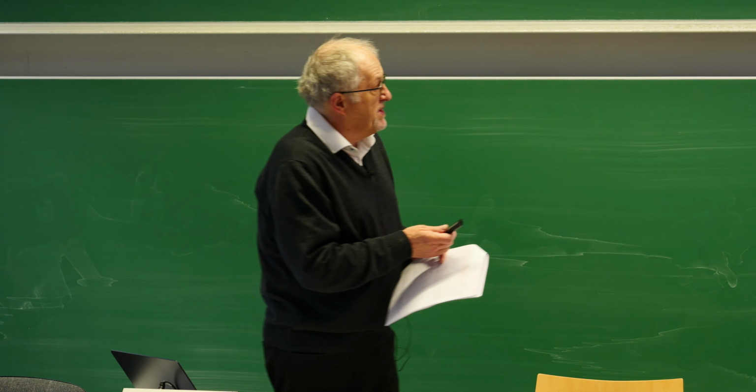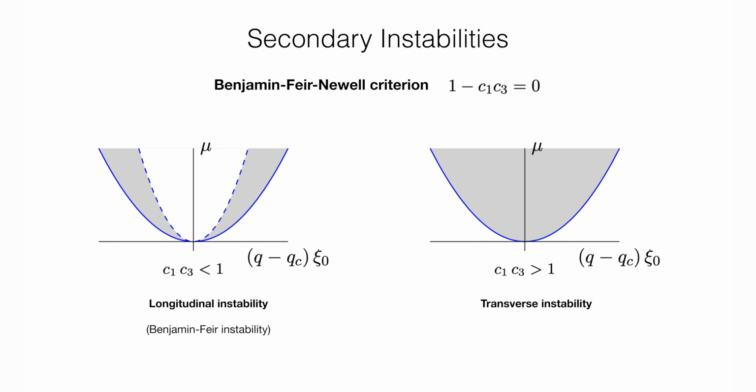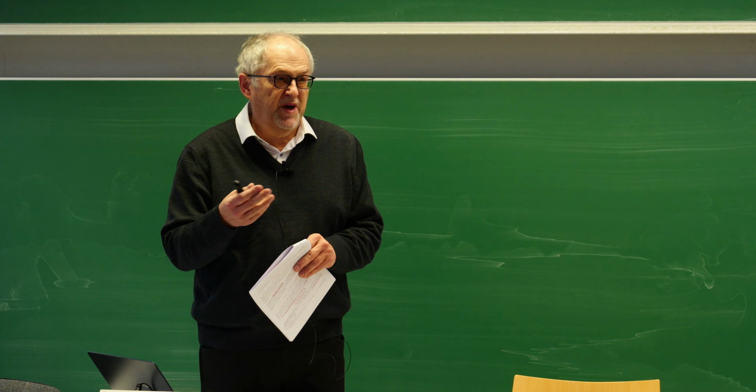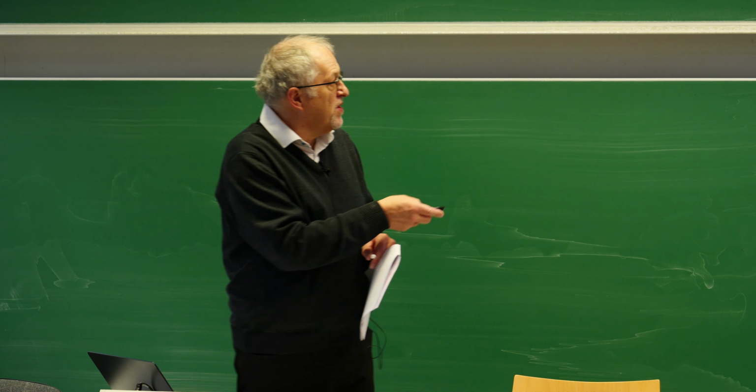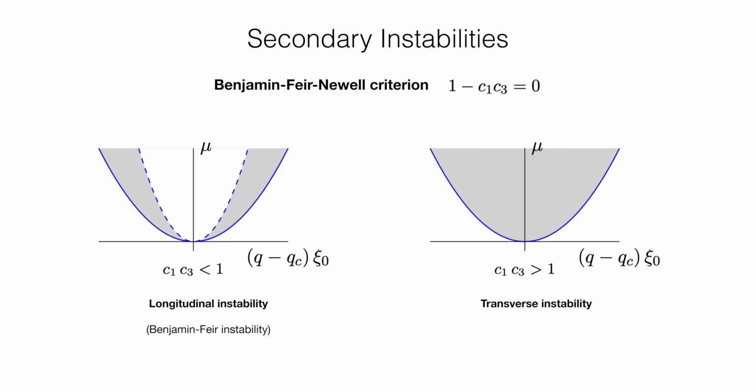The instability that we found here is a bit distinct from the instability that we found before. So before we had a similar type of longitudinal instability that we call the Eckhaus instability. It's very similar in terms of what the regimes are in wave vector space and mu space where you find the instability.